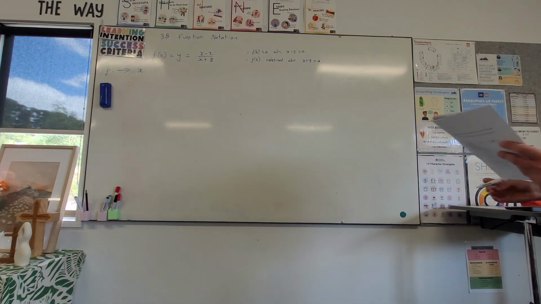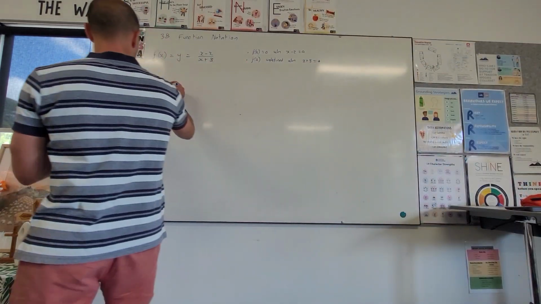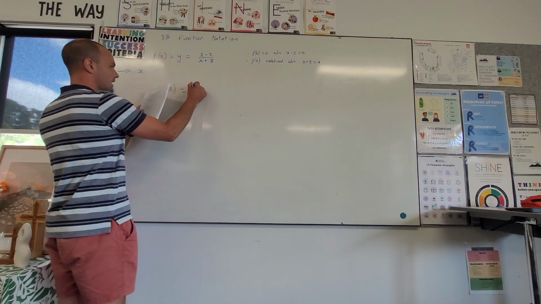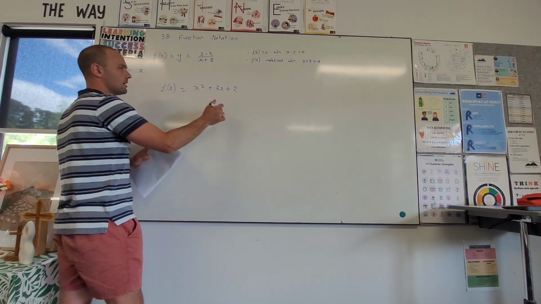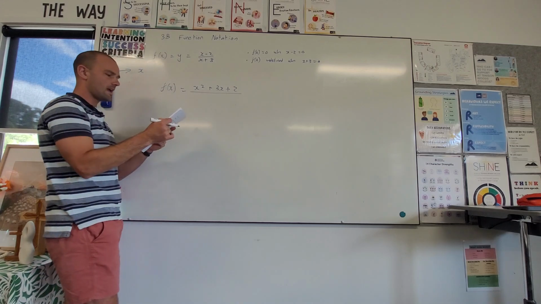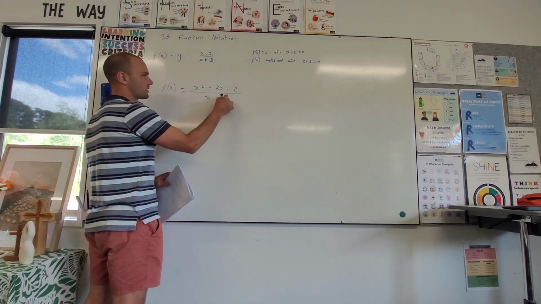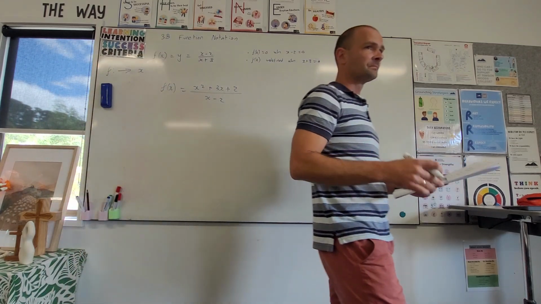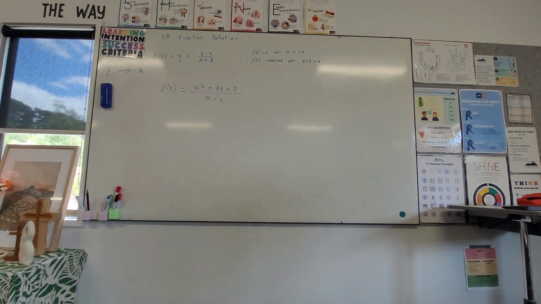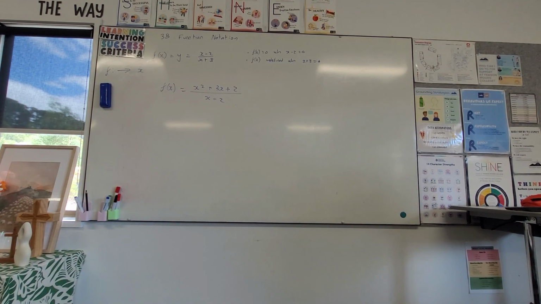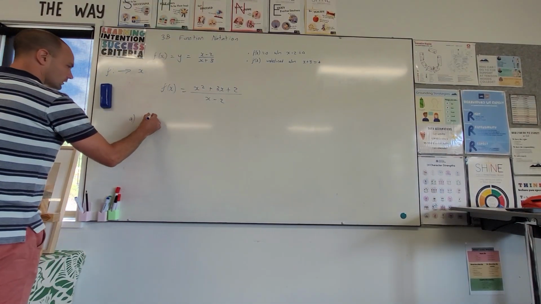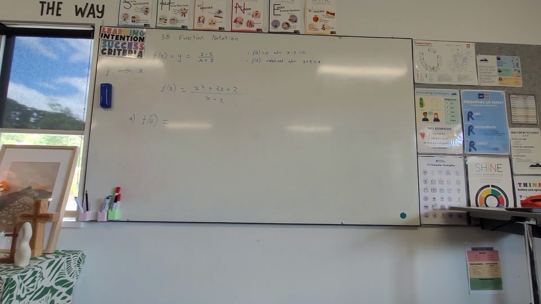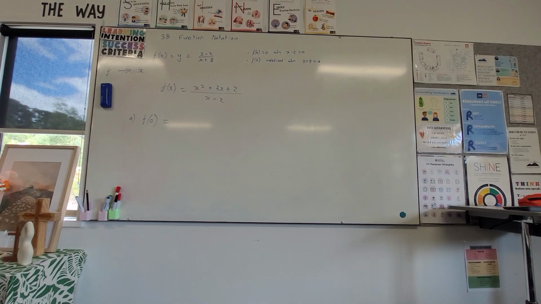So we have f of x is x squared plus 3x plus 2, divided by x take 2. Okay, that's our function. Part A, find f of 0. Now, all this means is we're putting the number 0 into the function machine.